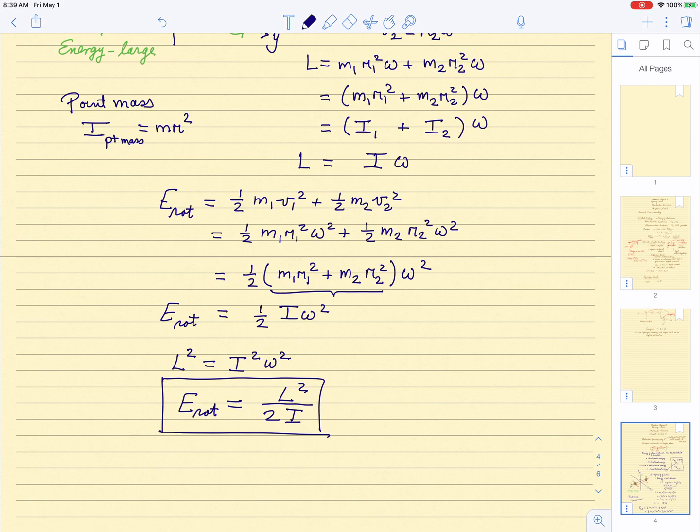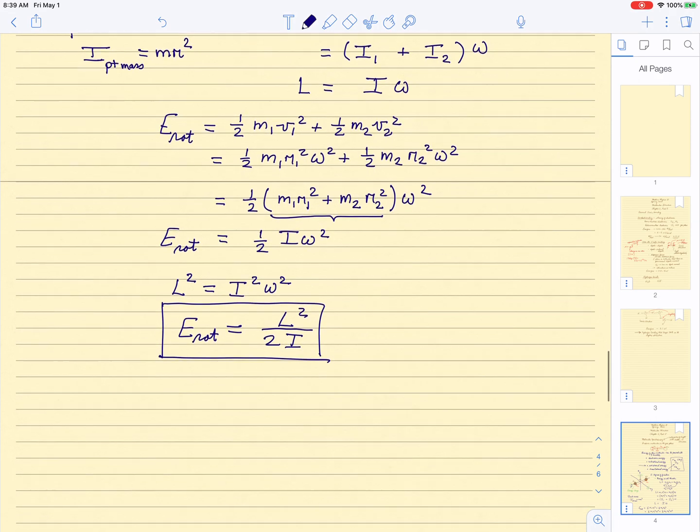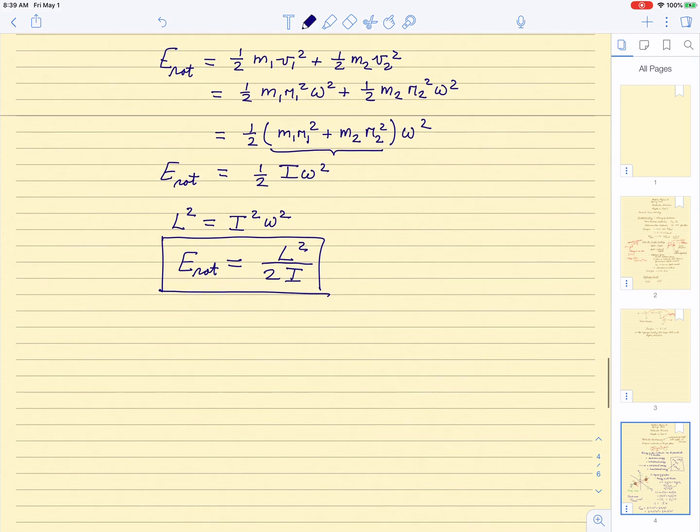Okay, beautiful. So let's then move to looking at this molecule as rotations about the center of mass.